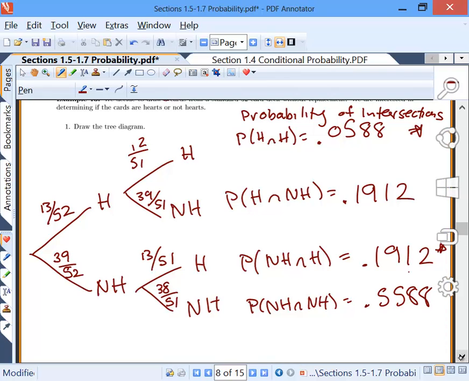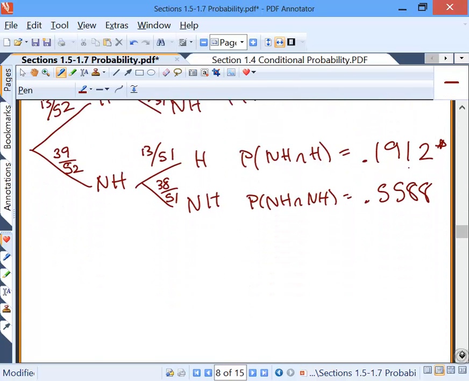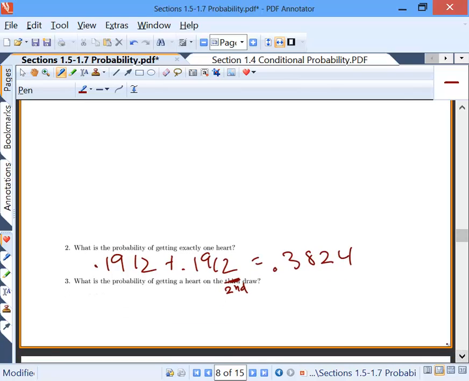No. So we have 0.0588, plus 0.1912. 0.25. Questions on this?